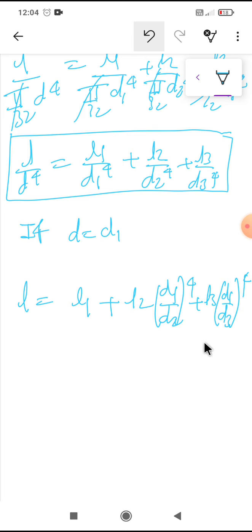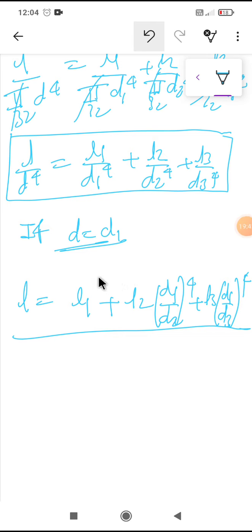This will be the length of the equivalent shaft if it has the diameter of the first shaft. So this is the equivalent shaft diameter example.